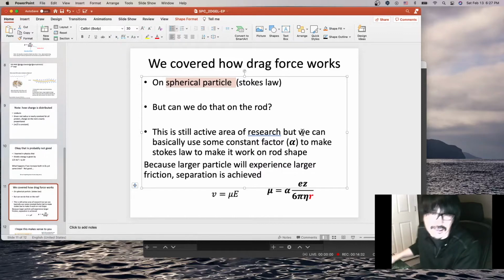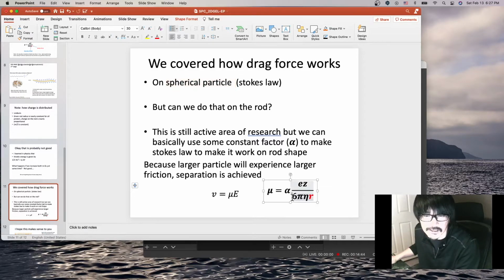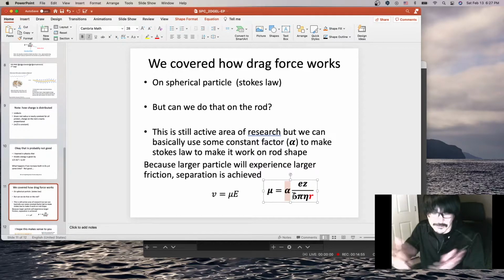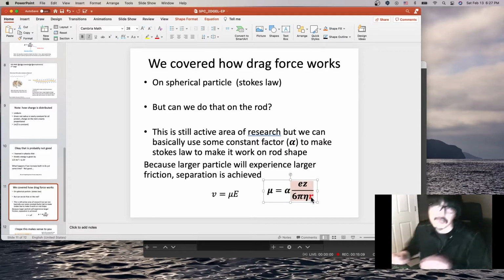But anyway, the friction of the rod going through the gel is related to the spherical particle friction by a factor alpha. It could be 1/2 or 1/3, but all particles with the same rod shape have the same constant factor coming from the conversion of spherical to rod-like particle.